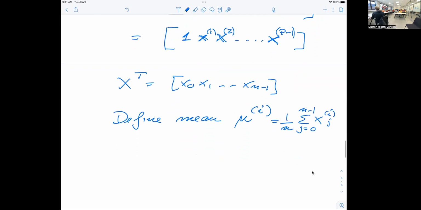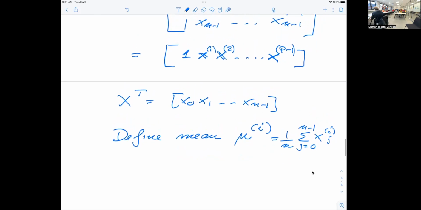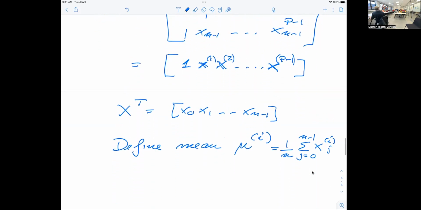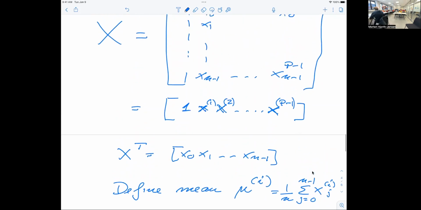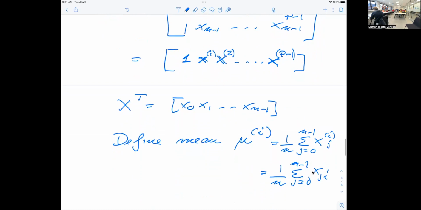So I'm running over all the elements of that specific column vector and calculating the mean value. Actually, because these are the column elements, this should be j. Sorry. So these are the mean values.